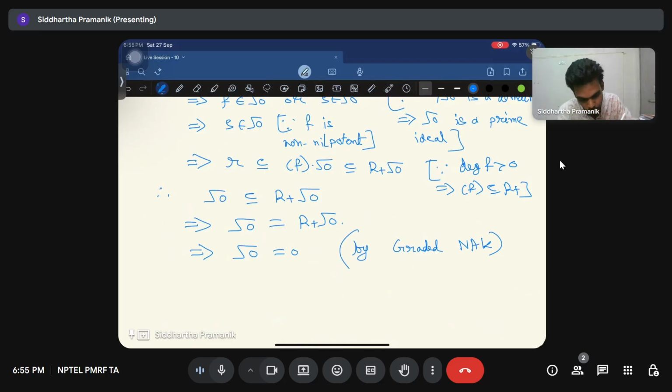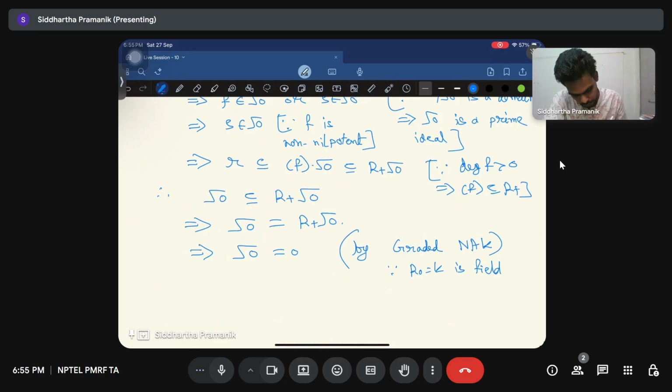So this is where we are using k naught is a field, because R0 equals k is a field. This is, I think, required for graded NAC, but I'm not able to recall now. But let's assume this.